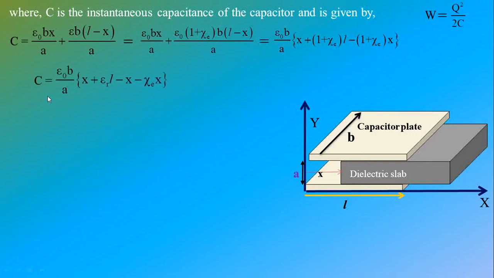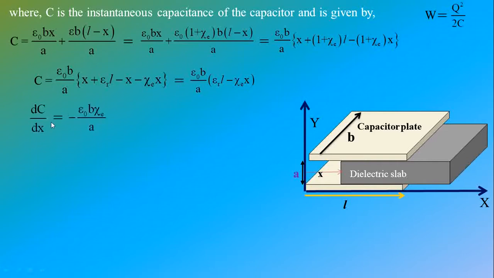Now it is equal to epsilon 0 B by A into X plus epsilon R into L minus X into chi E. We can cancel both X. So the remaining will be epsilon 0 B by A into epsilon R L minus chi E into X.